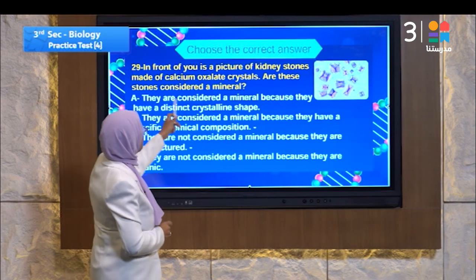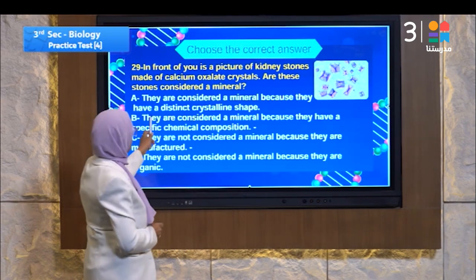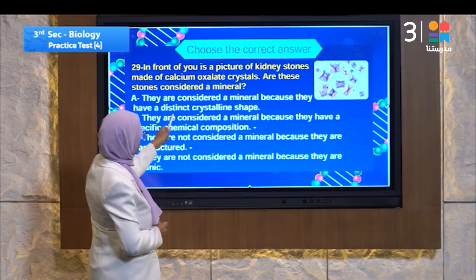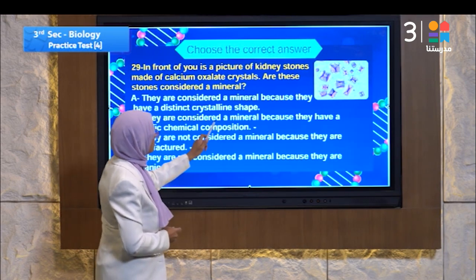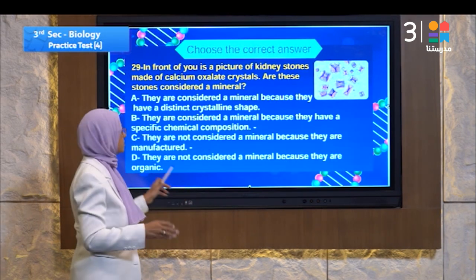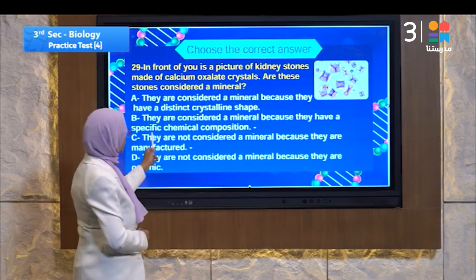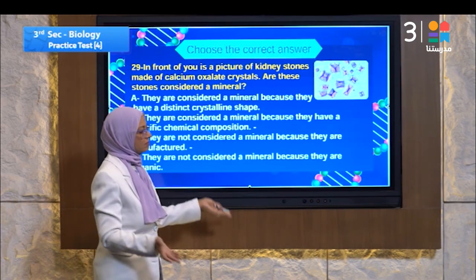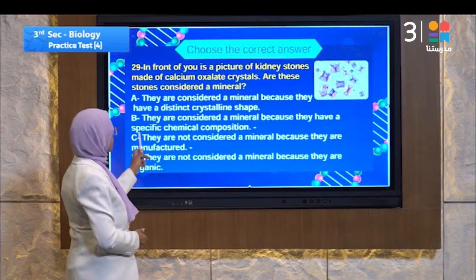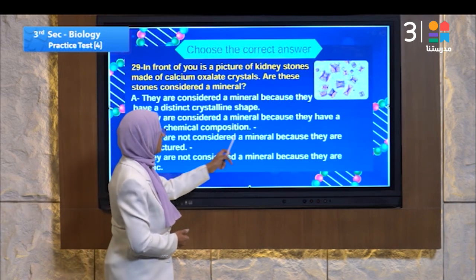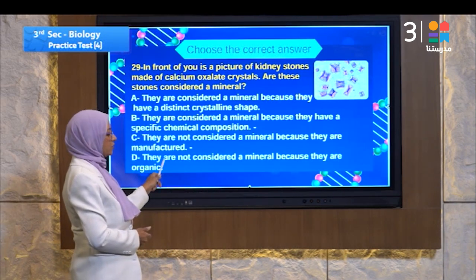A, they are considered a mineral because they have a distinct crystalline shape. No, it will not. B, they are considered a mineral because they have a specific chemical composition. No. C, they are not considered a mineral because they are manufactured.